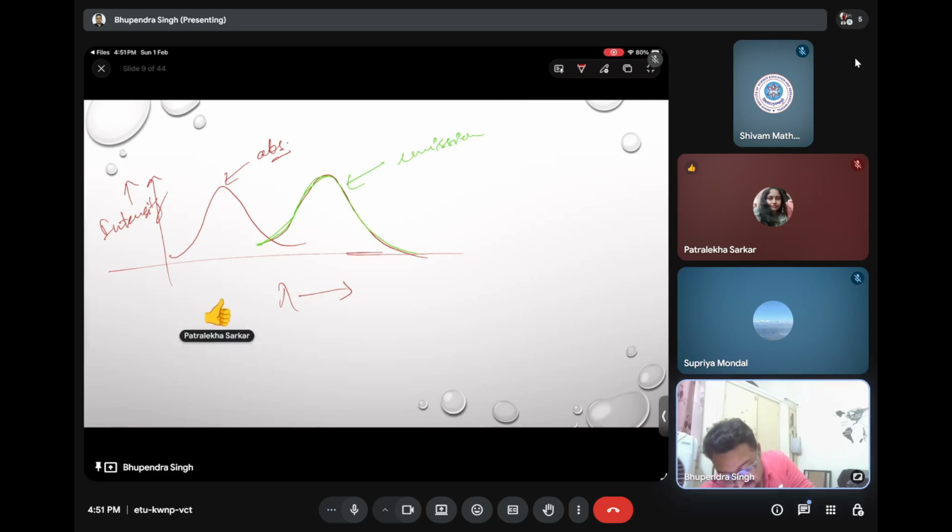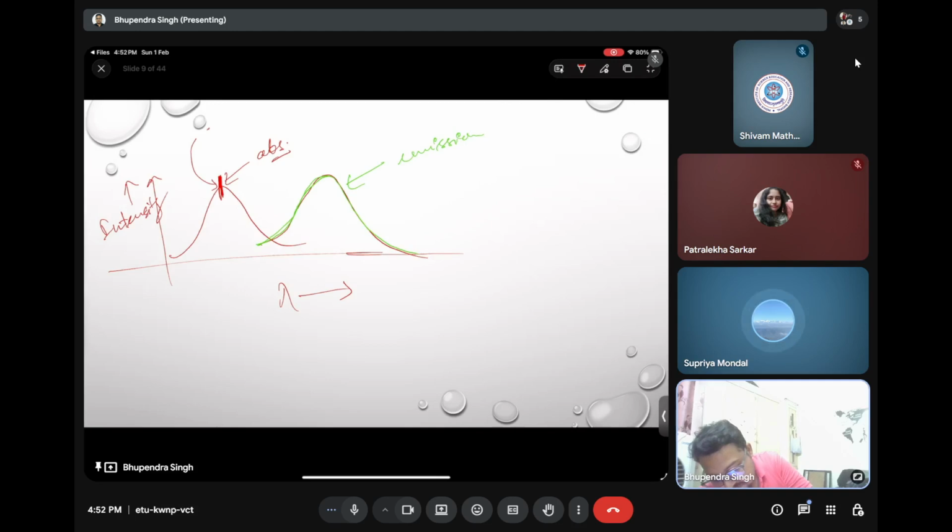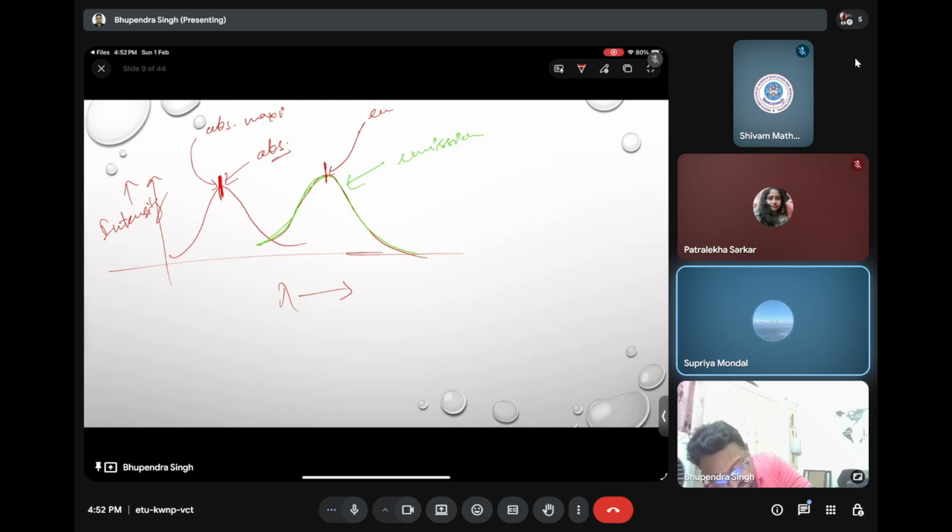So the difference between this is your absorption maxima. This is your emission maxima.